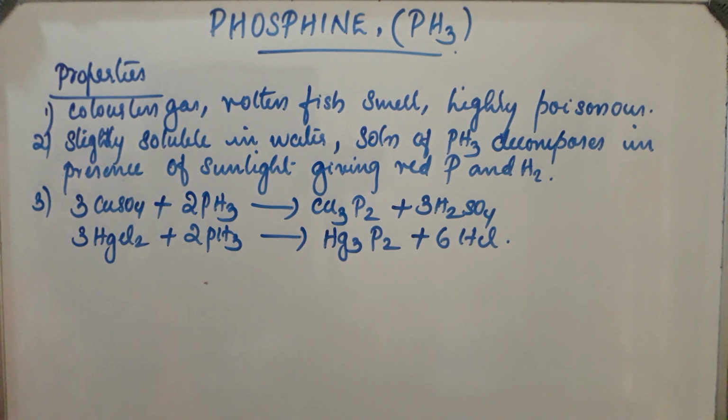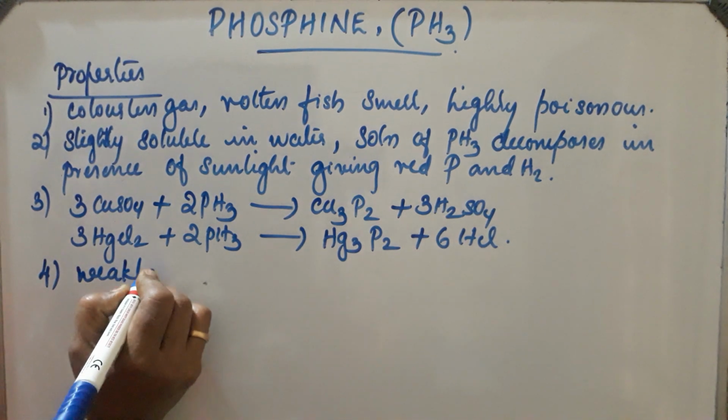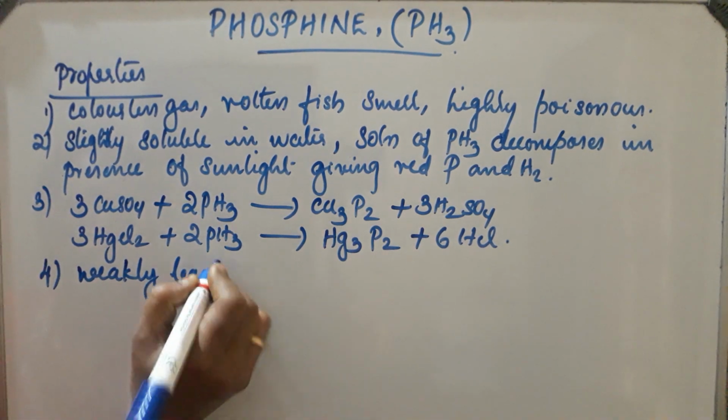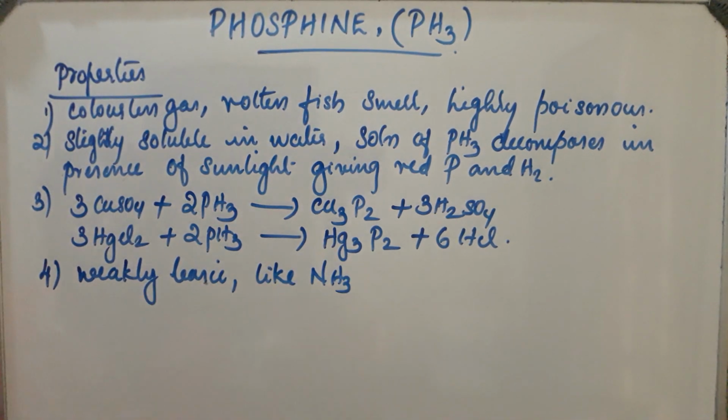Now, the next property: phosphine is weakly basic in nature, like ammonia. Ammonia is also basic.